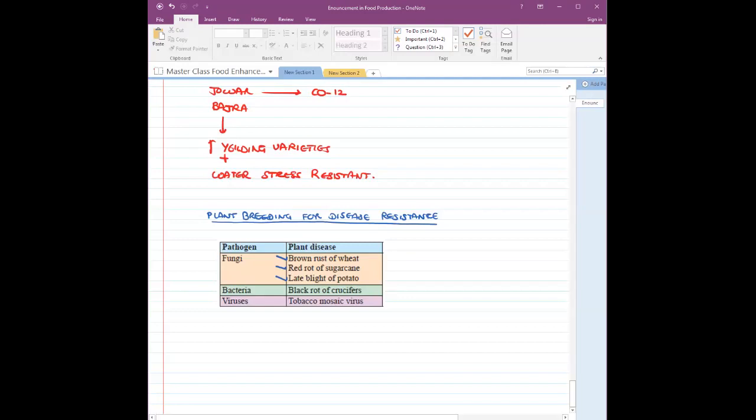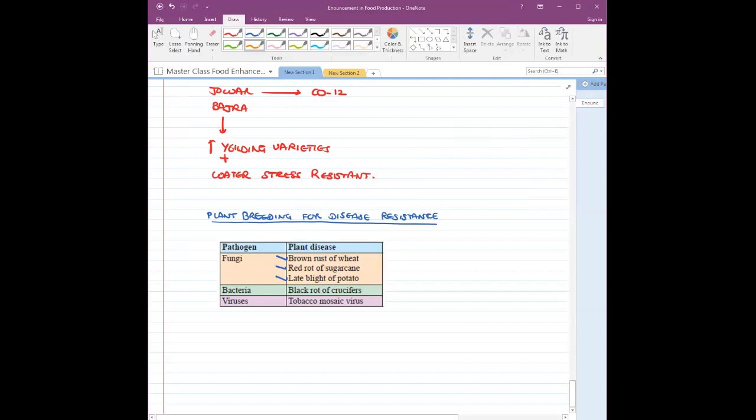Okay, but now the next thing that we have is your bacteria. In bacteria, we are going to have black rot of crucifers. So guys, my question to you is, you must have bought cauliflower at your places, right? So let's imagine this is your cauliflower. The lower part is green, and you are going to have this white part.